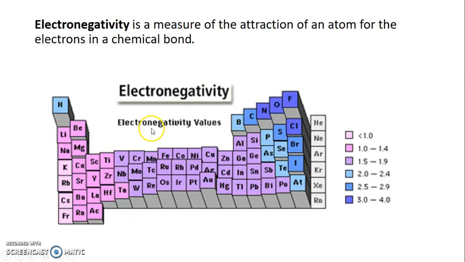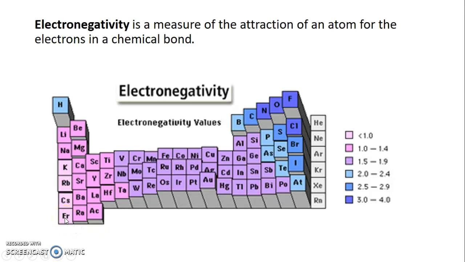But before we go on to that, let's have a look at the electronegativity trend across the periodic table. Fluorine is the most electronegative, which means that it attracts electrons the strongest. Francium is the least electronegative, so therefore it doesn't attract electrons very strongly.